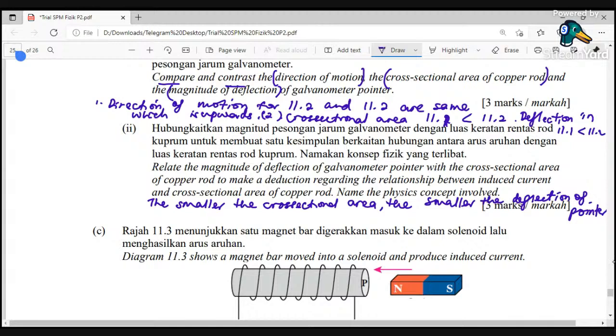Okay, yang pertama, cross-sectional area and deflection. Okay, second one, cross-sectional area and current. Okay, smaller deflection means a smaller current.